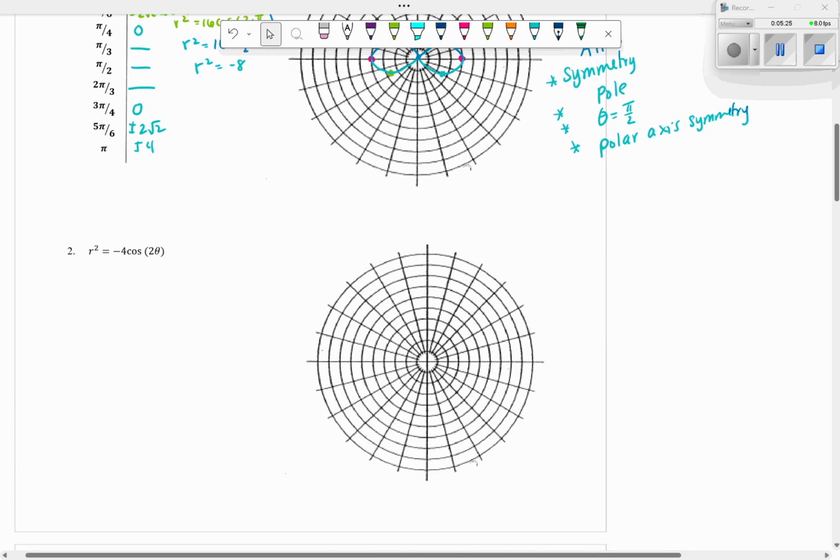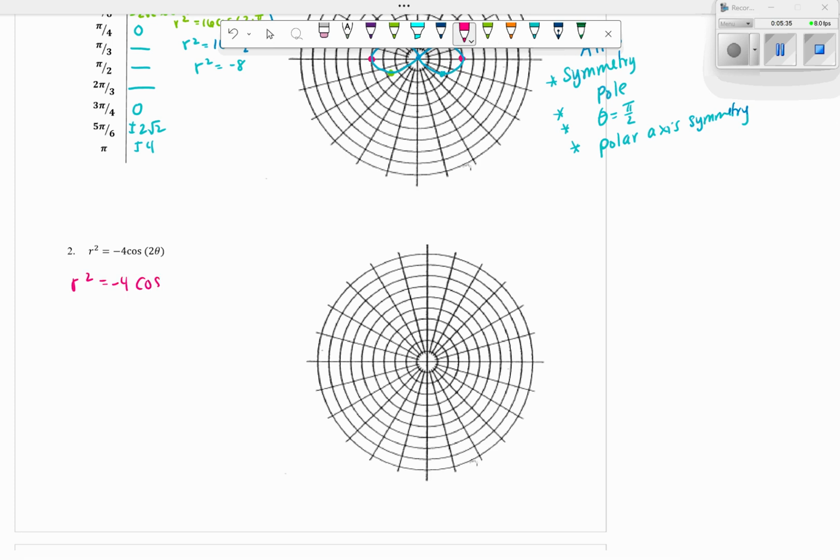Let's look at what happens when our r squared is going to be negative. So for r squared equals -4 times the cosine of 2 theta, if we plug in, let's say, 0 here, 2 times 0 is 0, and then the cosine of 0 would give you 1, but then you have a negative, so I can't plug in 0 because that's going to give me a negative underneath the radical.